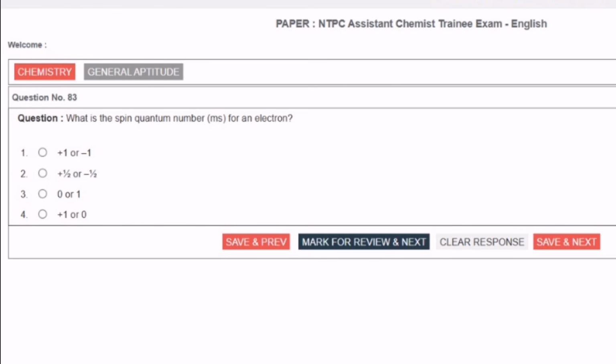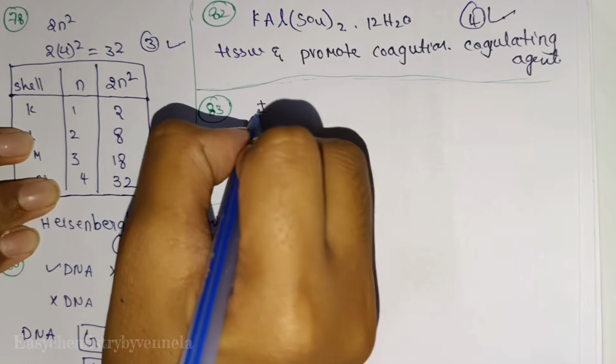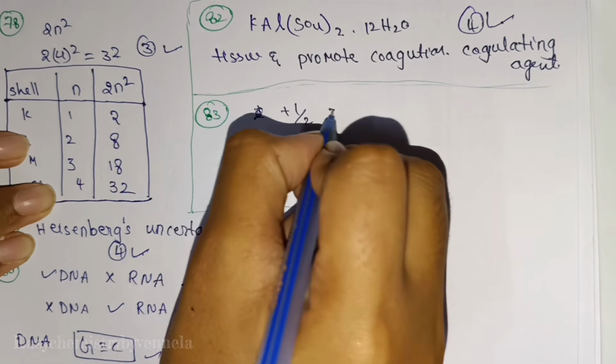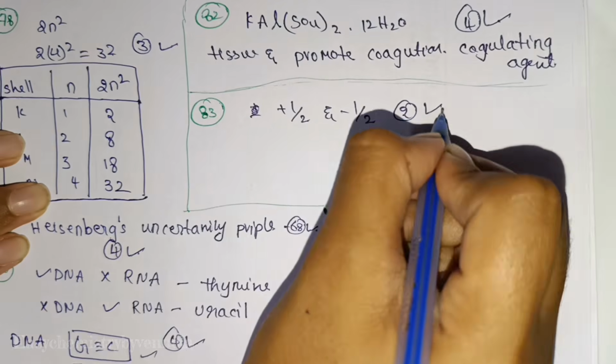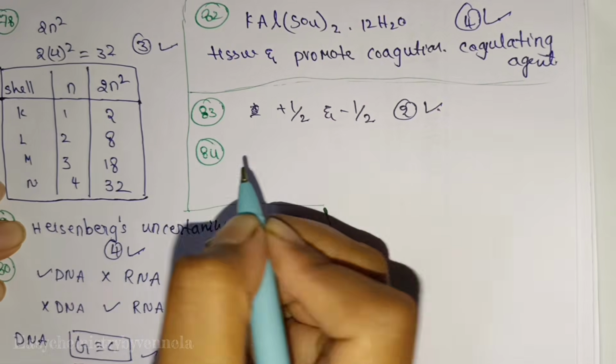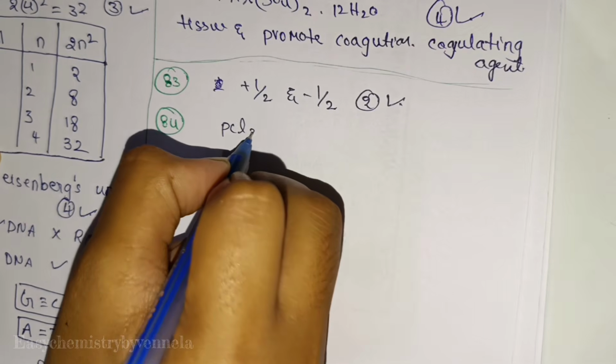Next question. What is the spin quantum number for an electron? This is a well-known question. That is spin quantum number. It is plus half and minus half. Correct option is the second one. Next question. The best method for the conversion of an alcohol into an alkyl chloride is by treating the alcohol with, that is PCl3.